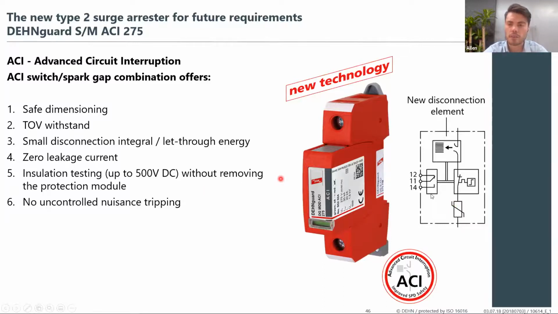That's why there's zero leakage current from this device. Another nice feature of this SPD is that if you do insulation testing with the installation, you don't need to remove the modules. You can do the testing without removing the modules, which is much easier.